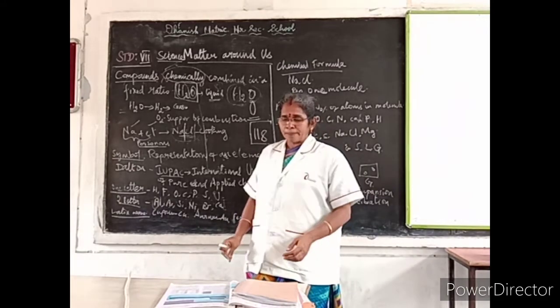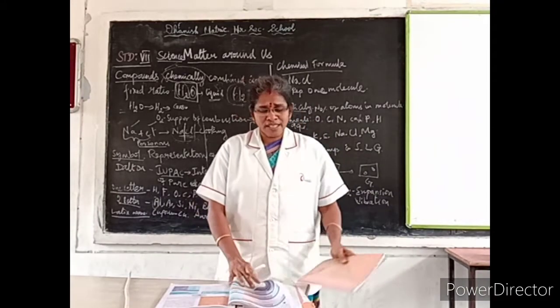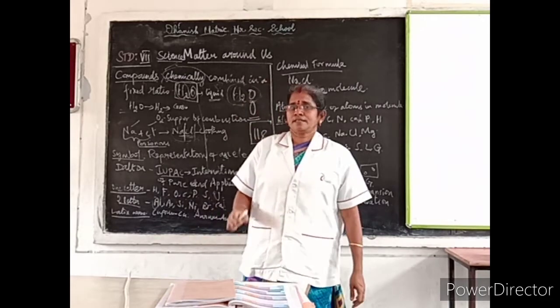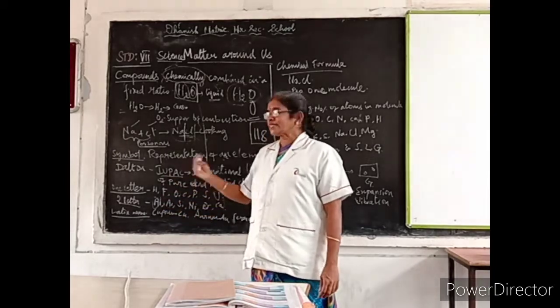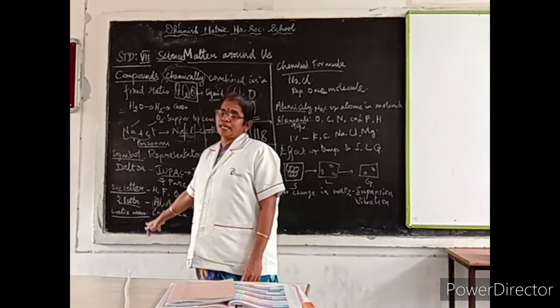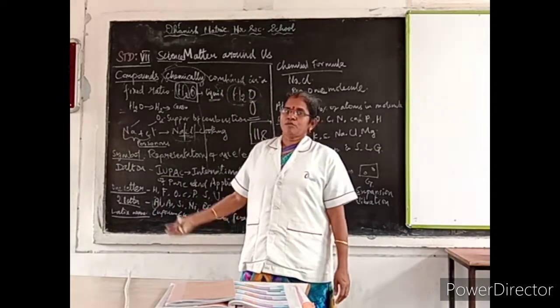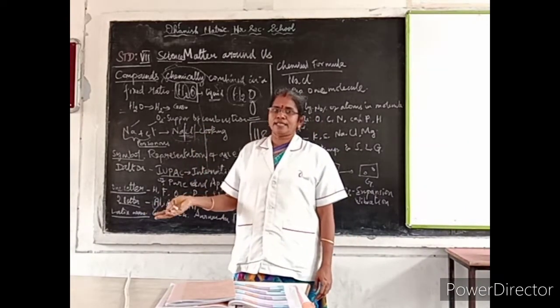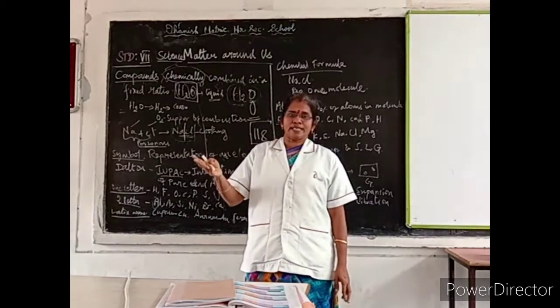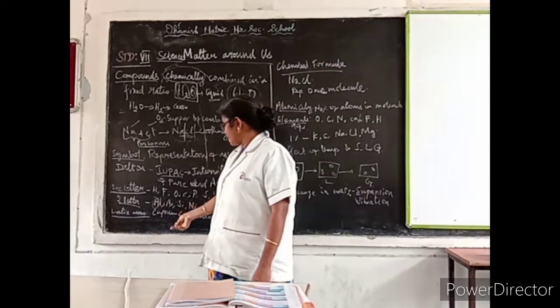In your book, page number 38, there is a table showing elements represented by one letter, two letters, and the third one based on the Latin name. Each and every element has an ordinary name and also a Latin name. For example, the first one is copper.